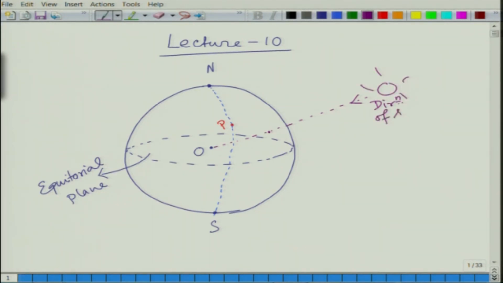The point where that vector crosses the surface of the earth, let us name that point Q. Again we can draw a meridian which passes through this point Q. So, readily we have obtained one spherical triangle NPQ.